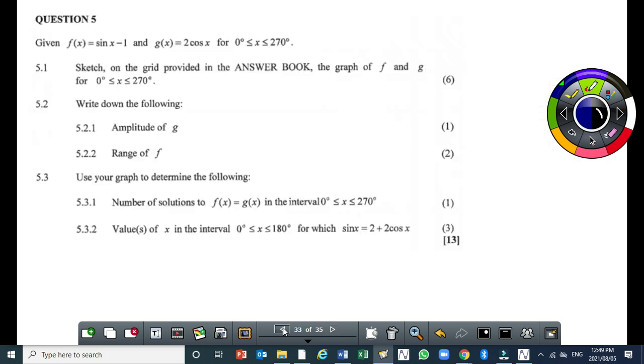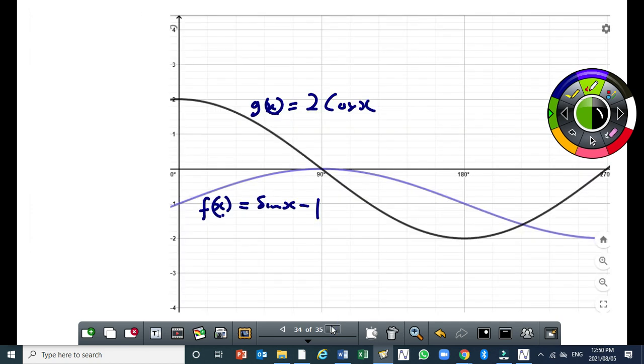The next question says, write down the following: the amplitude of g. You have to look at the coefficient of cos x, which is 2. So amplitude will be equal to 2. Or if you look on the graph, the minimum value is negative 2, the maximum is positive 2.